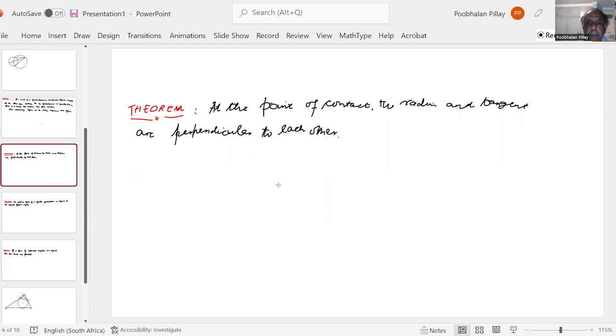At that point, if you join that point to the center of the circle, then you have a radius.